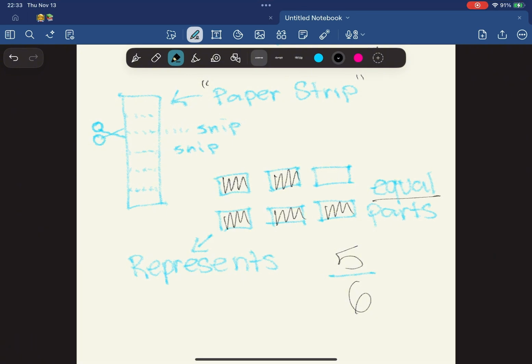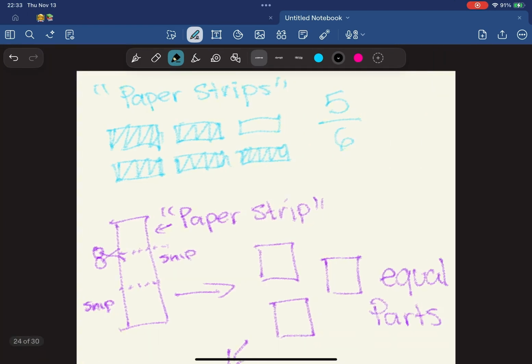And again, it is very important to remember that all of these are equal parts. They are divided evenly, and all parts are the same. None of them are bigger than another. So up top here we have the paper strip that we did in the previous slide, the 5/6.